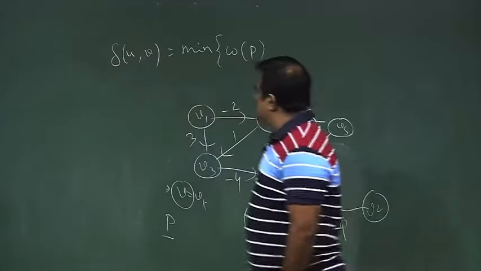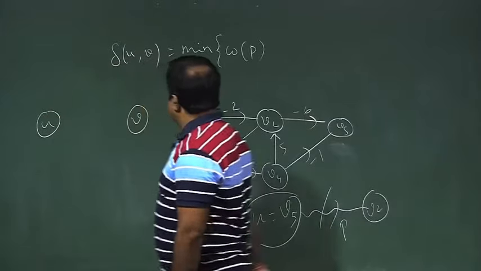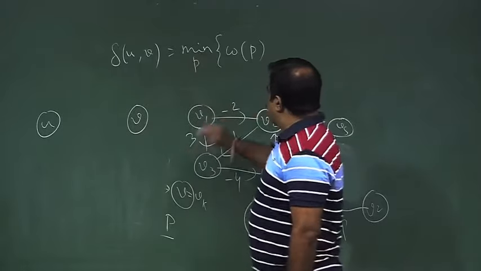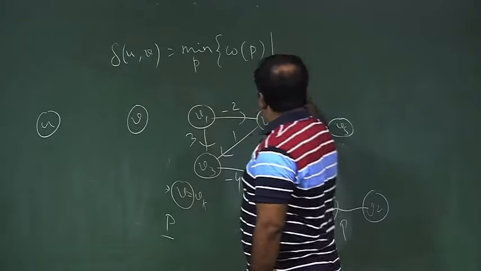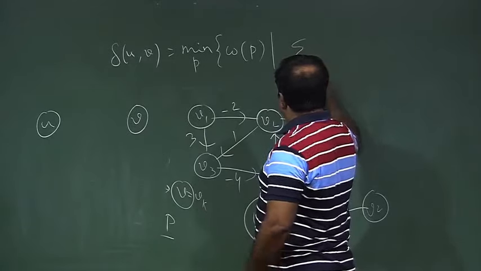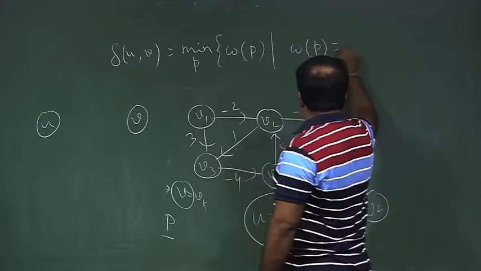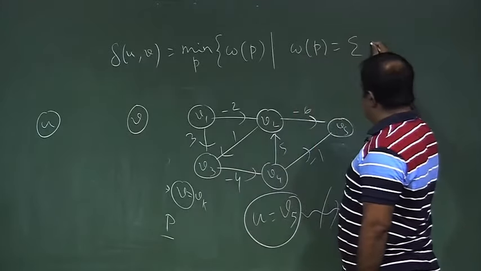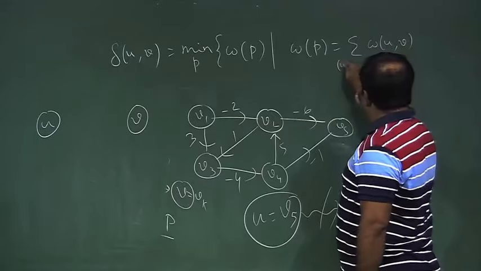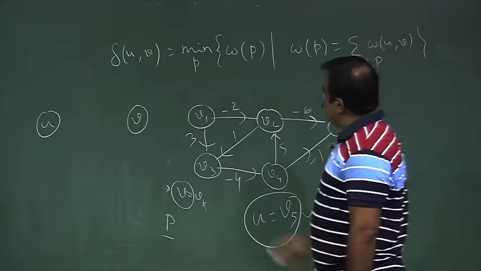So delta UV is the weight of the shortest path from vertex u to vertex v. It is the minimum among all paths from u to v of WP, which is the summation of W(u,v) over edges in that path.